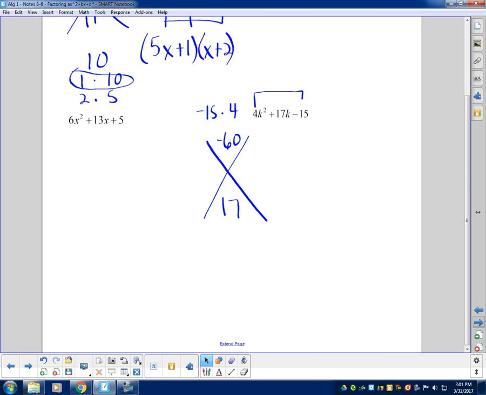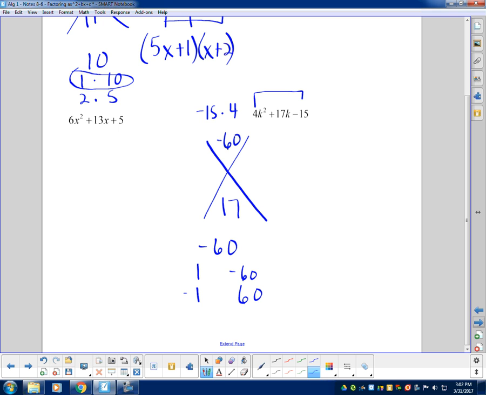And next, I'm going to consider all the factor pairs of negative 60. Now, because this is a negative 60, we're going to have one positive, one negative. Now, if I go through and list all of them, I'd start at 1 and 60 maybe, or negative 1 and 60. Obviously, those don't add up to equal 7.